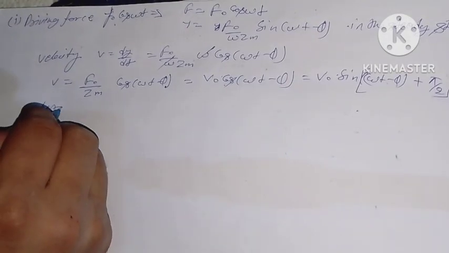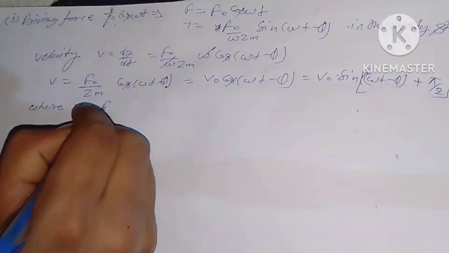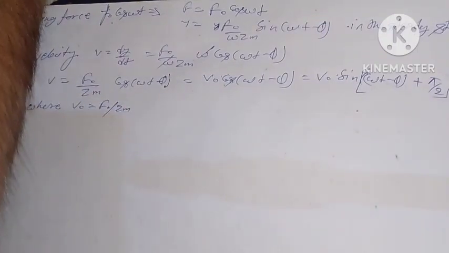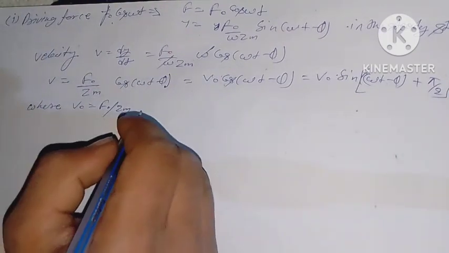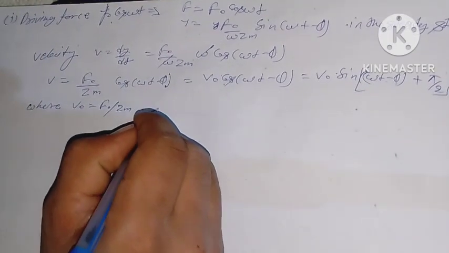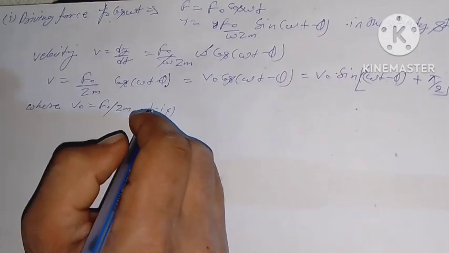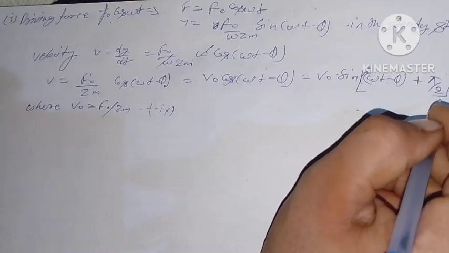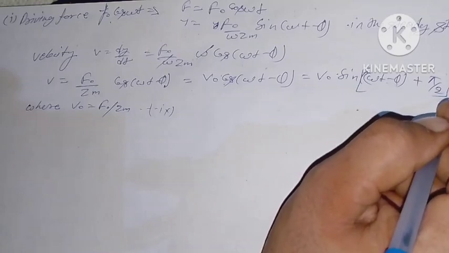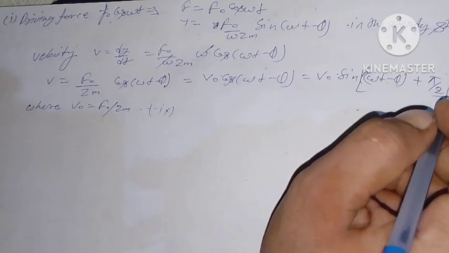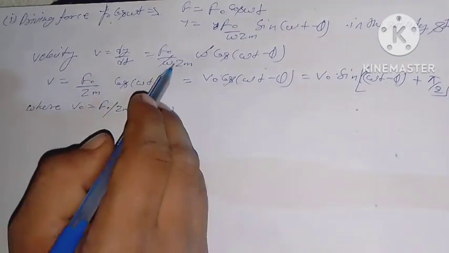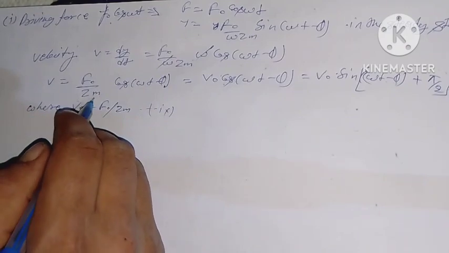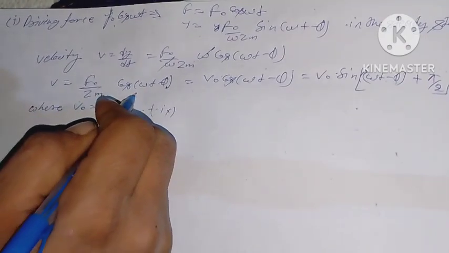Where v naught equal to f naught upon Zm. This is equation number 9. Here v equal to dy by dt, omega cancels out, then v equal to f naught upon Zm cos omega t minus phi.